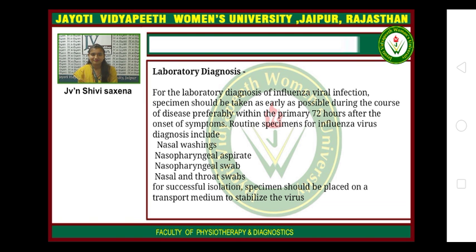So, reverse transcriptase PCR has been applied to detect influenza virus in clinical specimens and in cell culture or egg grown material. The viral RNA is first transcribed into DNA, which is then amplified during a second step that uses suitable primers and DNA polymerase.